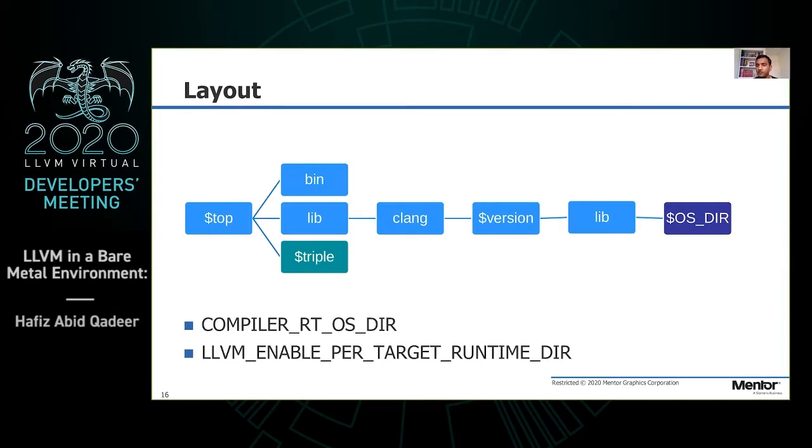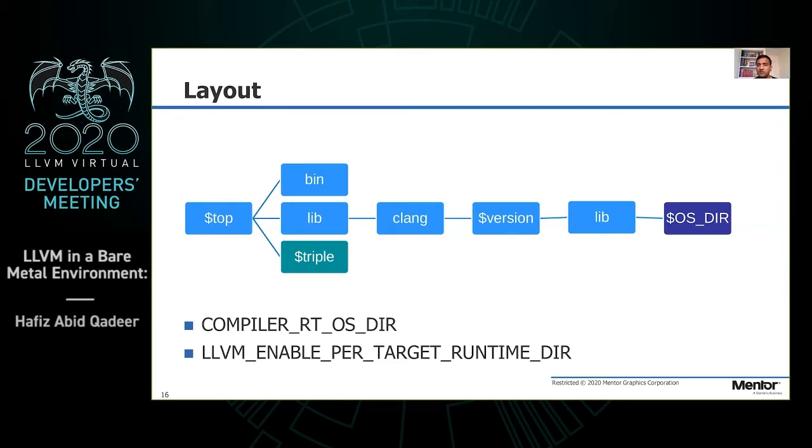And the final directory where the library file goes is named after the OS name, and that can be set by using the CMake variable COMPILER_RT_OS_DIR. If it is not provided, then the system will pick the system name. On my Linux system, this directory is named Linux.